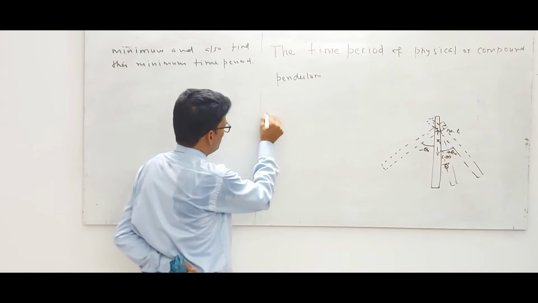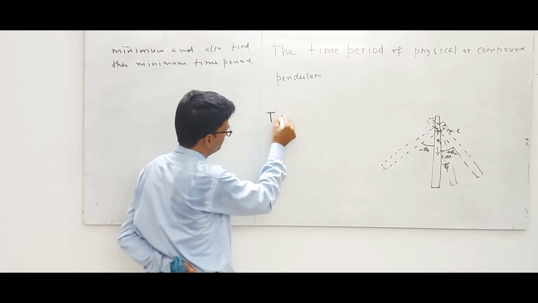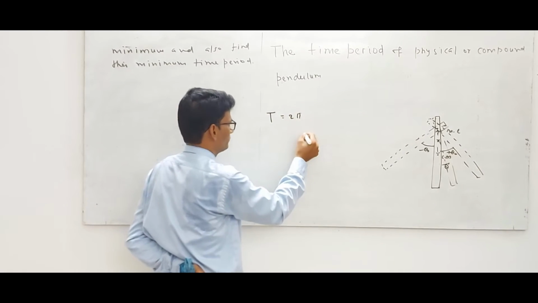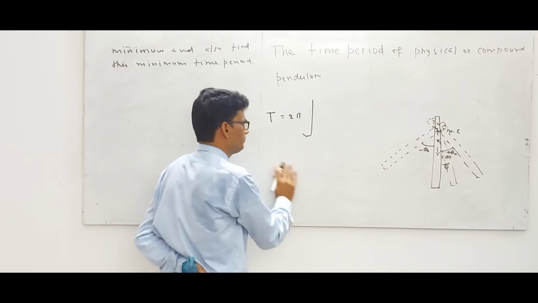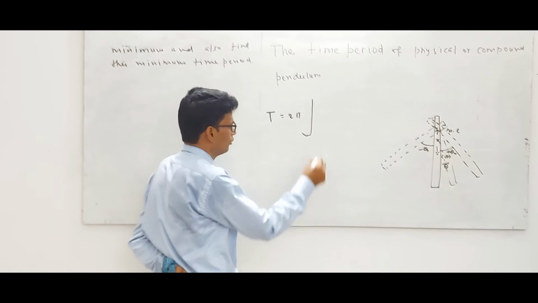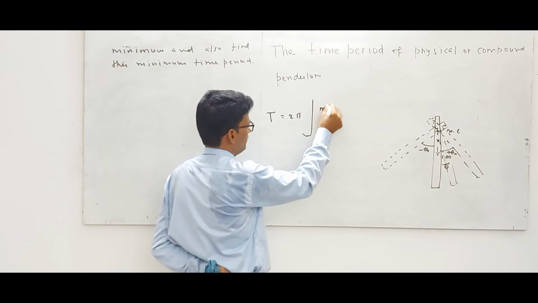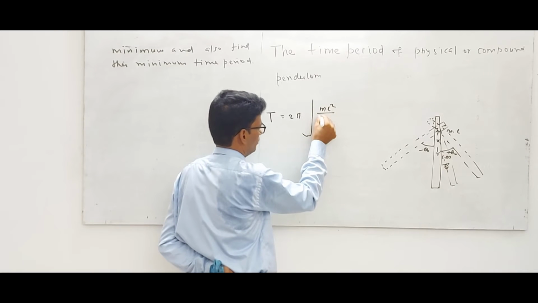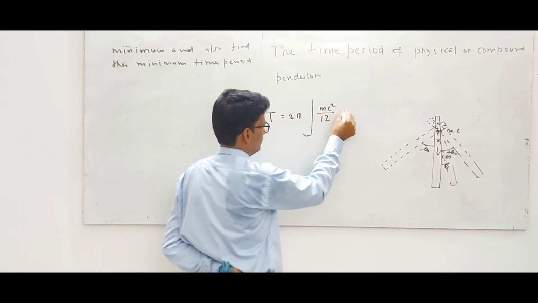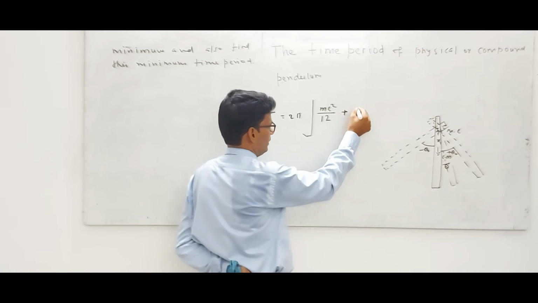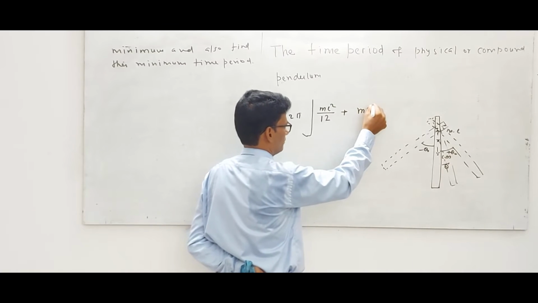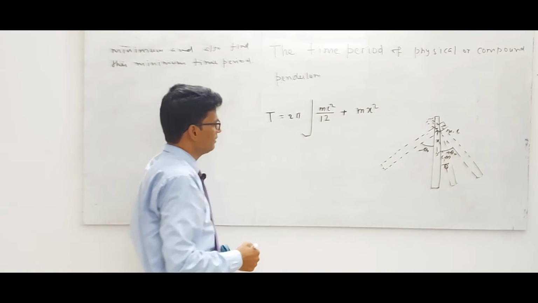What is the time period formula? We all know 2 pi square root of ICM. We all know ml square over 12 plus mx square here. Why mx square?